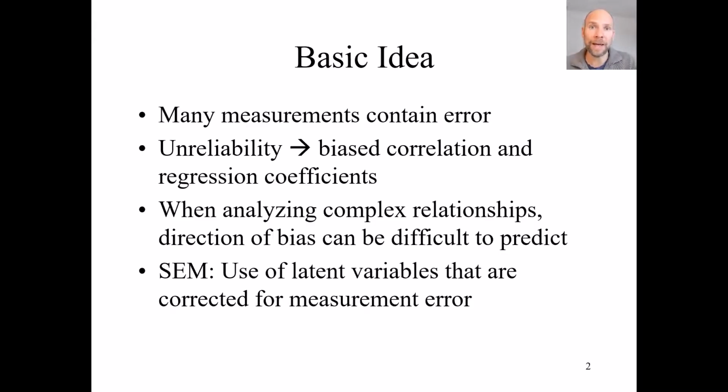And so in that way, we can then look at associations, correlations, regression coefficients between latent variables which are not contaminated by measurement error. And this is probably the primary reason, the most important reason for using structural equation modeling: to get the measurement error problem under control and estimate relationships between variables without bias.